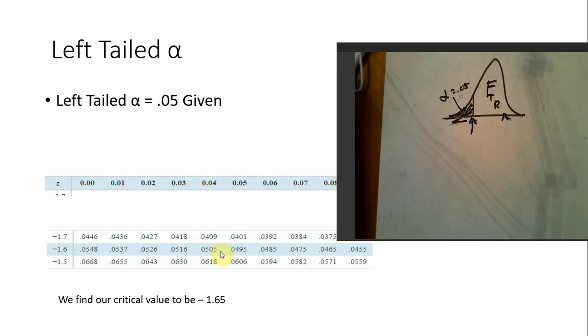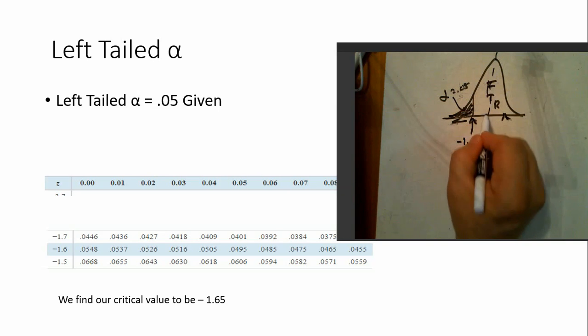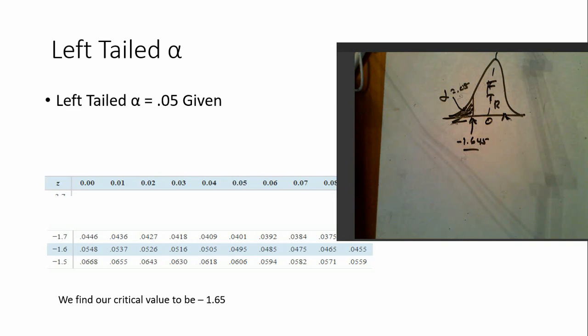That's the closest, both of those are only 0.0005 apart. But I'm going to use this negative 1.65. Why negative? Because I'm looking at a left tail. This needs to be a negative number.